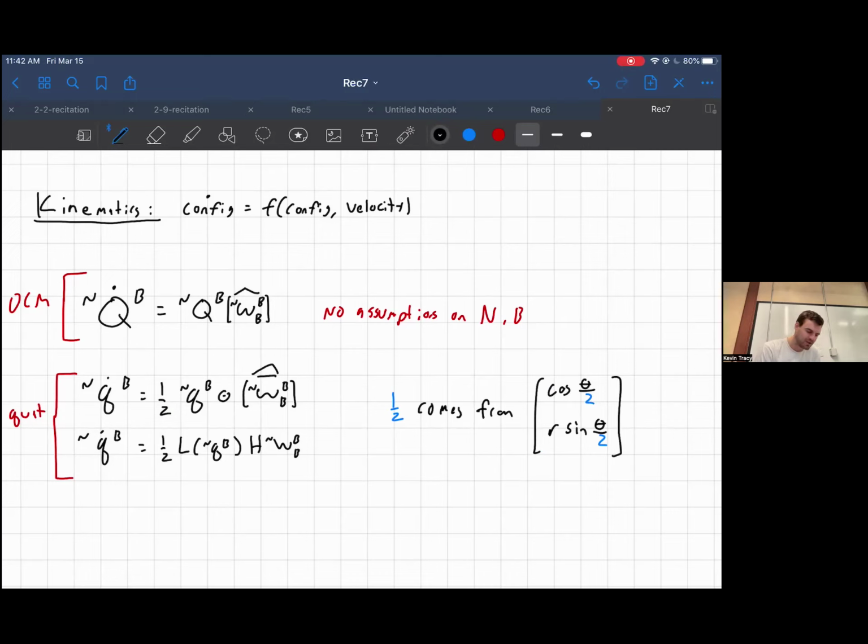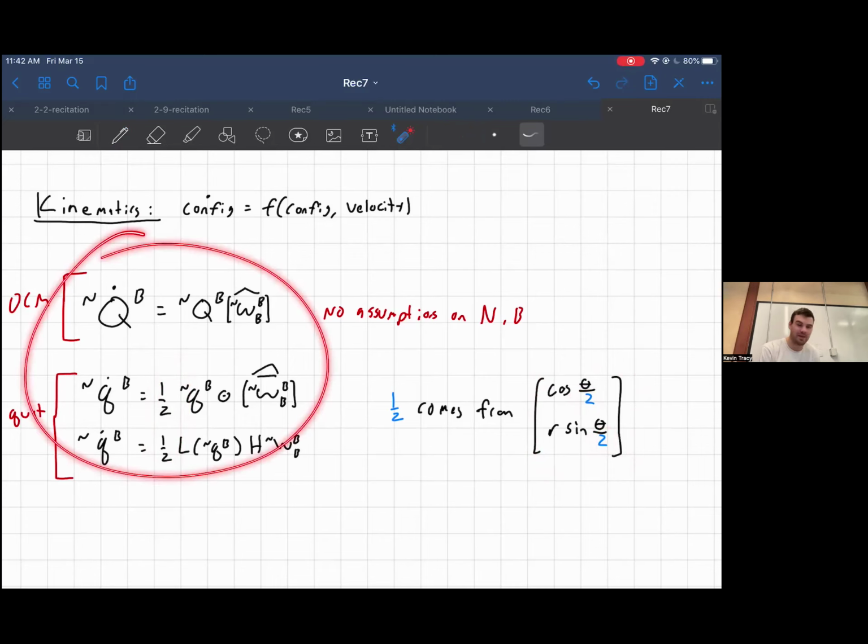If I go to the derivation, the way the 1/2 pops up is that when I created my quaternions, do you remember, there was this one half here and here. So this is where the 1/2 comes from. But yeah, this is true, and you will use this.